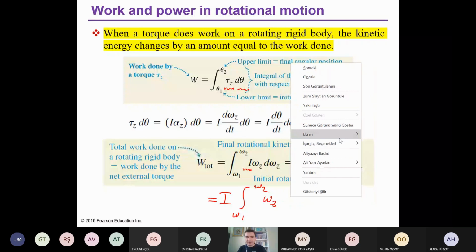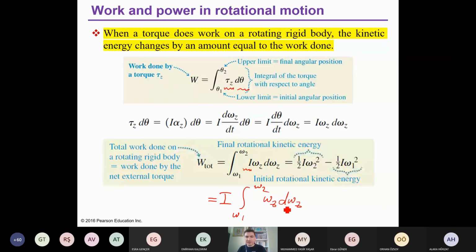If you solve this integral, then you will get this one. Here we have I, and here we have omega z square over 2, limits from omega 1 to omega 2.